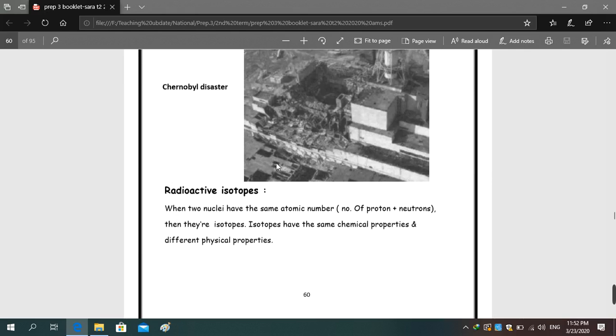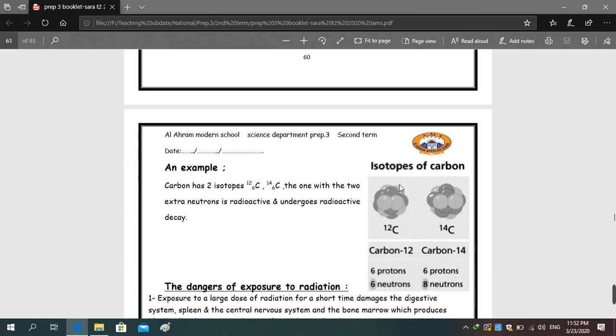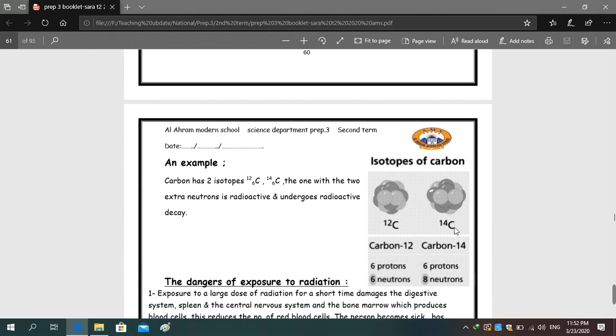We have to know the radioactive isotopes. What are isotopes? Isotopes are the atoms of the same element, like carbon isotopes or hydrogen isotopes.